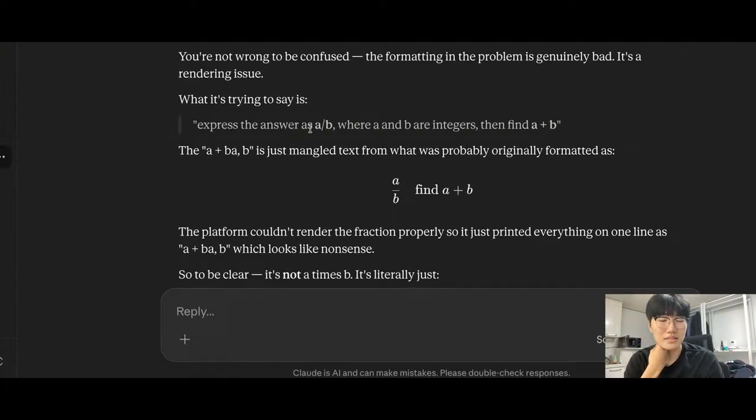Express the answer as A over B, where A and B are integers, then find A plus B. Great.